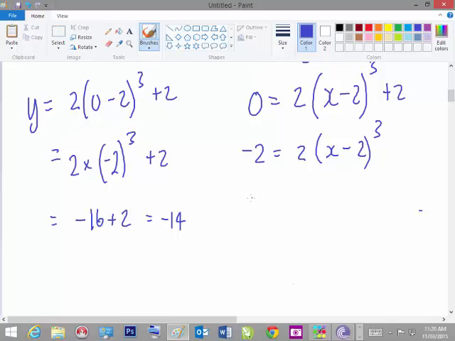Divide by 2, so negative 1 equals (x minus 2) cubed.